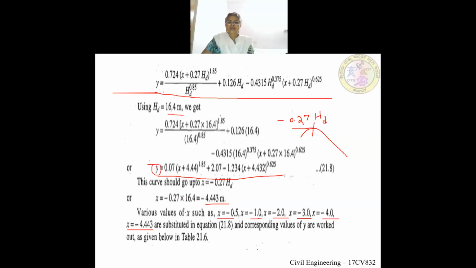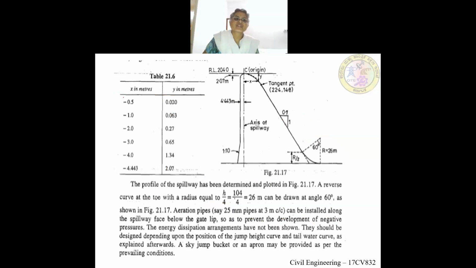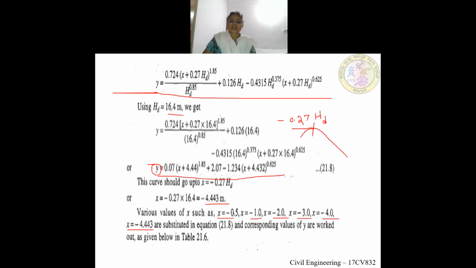These values are tabulated here, the values for every value of x. So this is the curve here, and this is the curve here. This is the tangent. Up to the tangent point we will determine the ordinates. Here we will determine up to a distance of minus 0.27 HD.